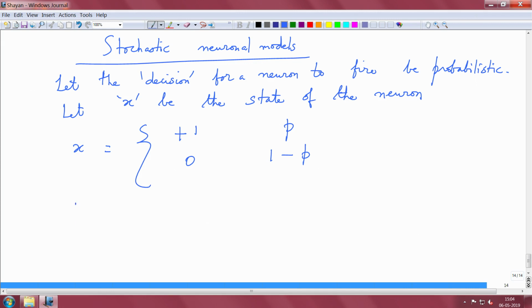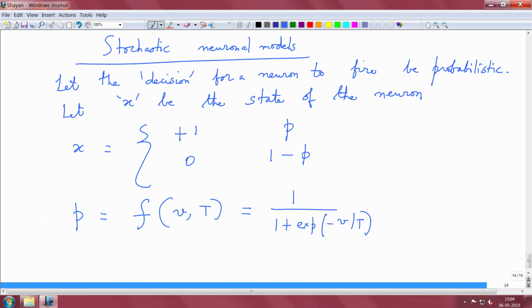And this probability p is some function of the local induced field v and a parameter T that controls the noise level and decides the uncertainty in firing. This can typically be given as 1 upon 1 plus exponential of minus v upon T.